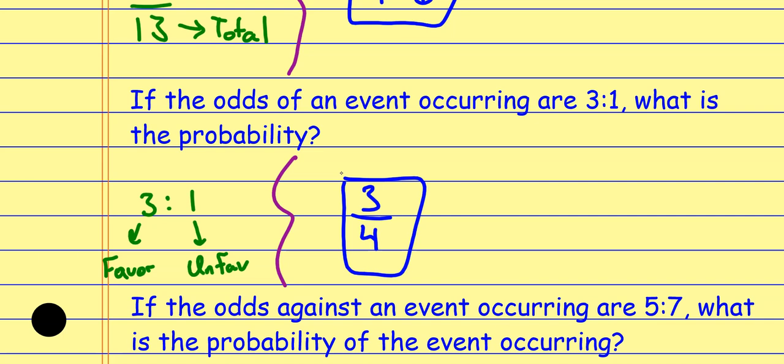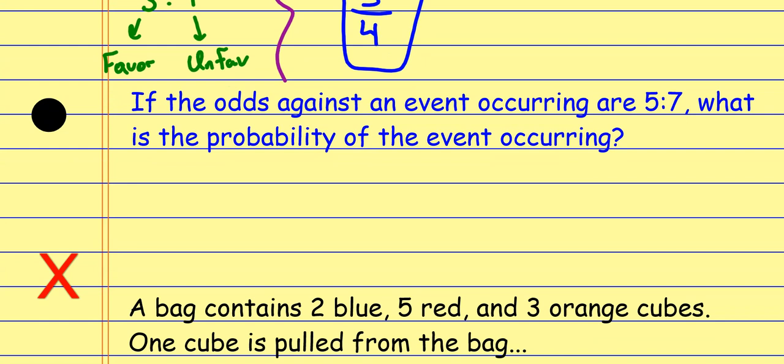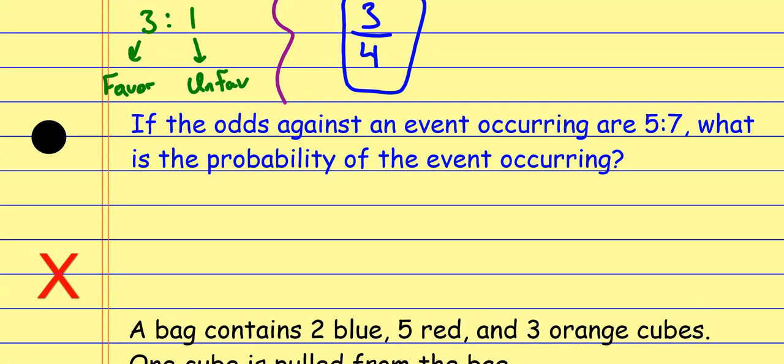Okay? Again, there's a very slight difference between these things, but we want to make sure we understand the difference between odds versus probability. If the odds against an event occurring are 5 to 7, what is the probability of the event occurring? So once again, just think about what odds means. So here's odds against the event, which means this is the unfavorable listed first.